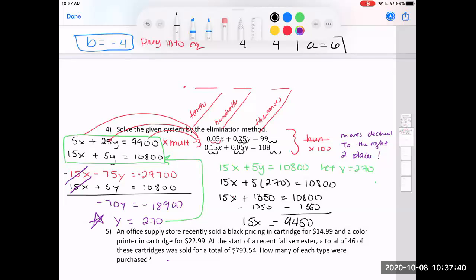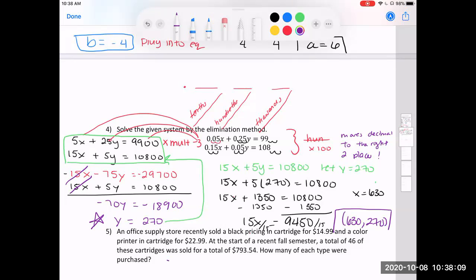Now we divide both sides by 15. So I have x is equal to 9,450 divided by 15, we get 630. So what is our answer? Remember, we always want x comma y. So our answer is 630 comma 270. That's what we want to box.